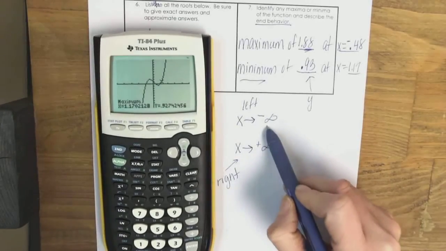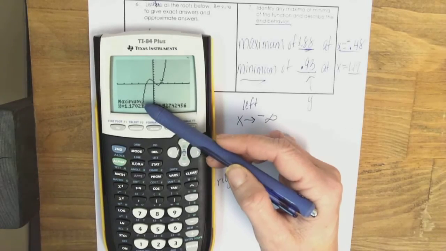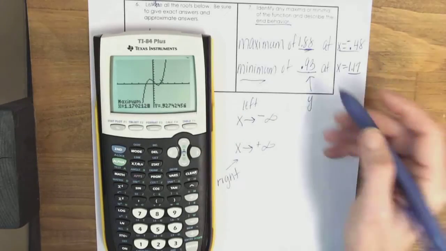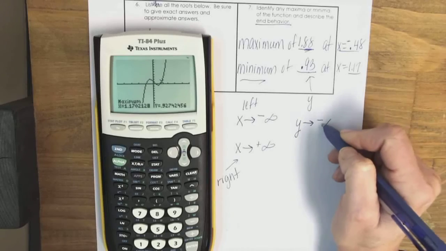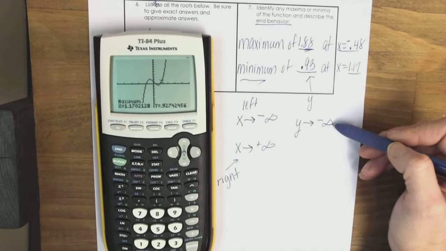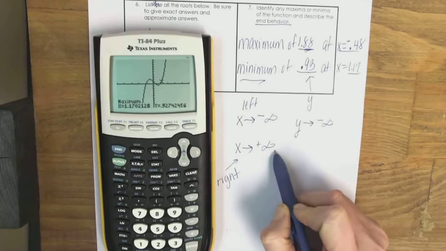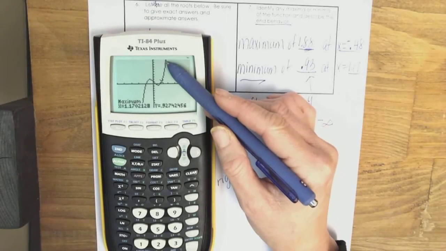Basically, when they write this, they're just saying, what is happening on the far left end? And on the far left end, it is going down, down, down forever. So that means the y values on the left are going down, and that's how we write that. They're going down forever towards -infinity. This says as x approaches +infinity, that means the far right side of your graph, which is way up here.